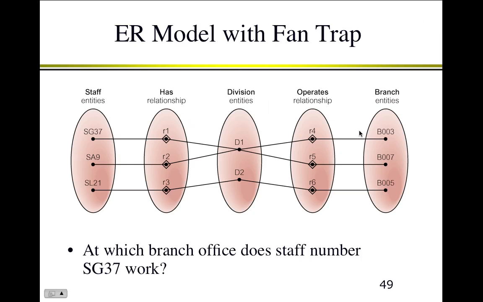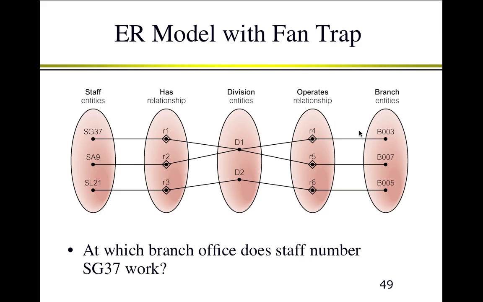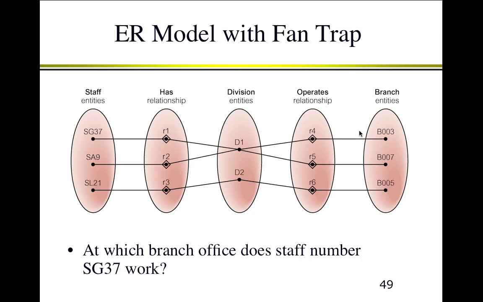The question we might ask is, we have a staff that has a division that operates at a branch. What we've done is taken this and illustrated it in a different way. This is for illustrative purposes. This is not the diagram. It's just for understanding the diagram. The staff has a division that operates at a branch.